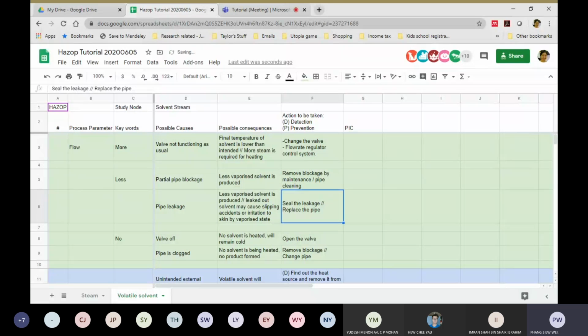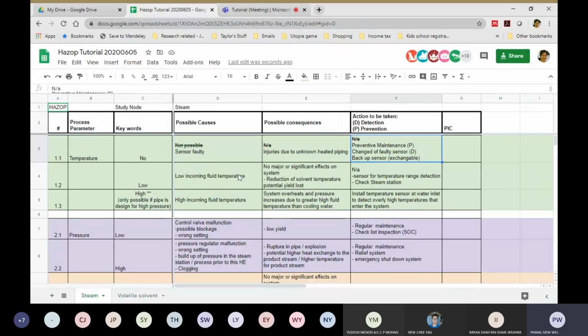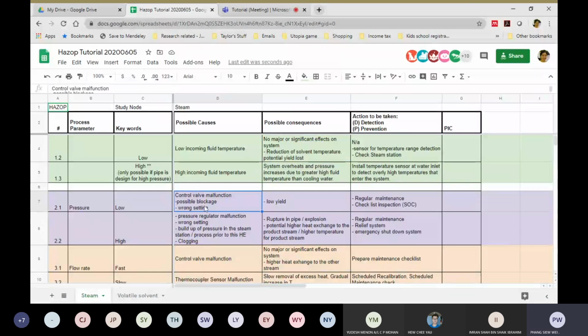Any other things? Because that can be man-made as well. Sometimes hazard is not just about the system, but it could be man-made. For example, someone accidentally closed the valve, or set the valve to a lower setting, like what we said earlier. I remember there was something about wrong setting.